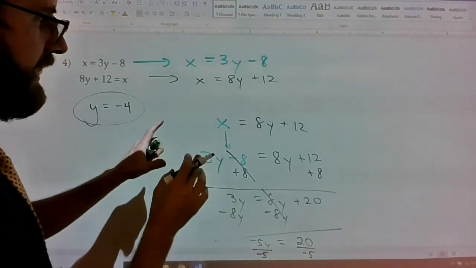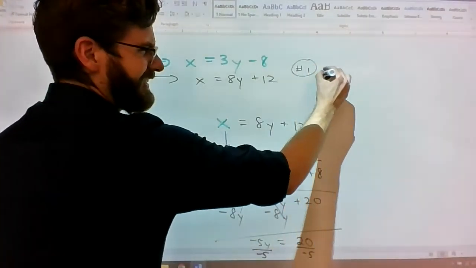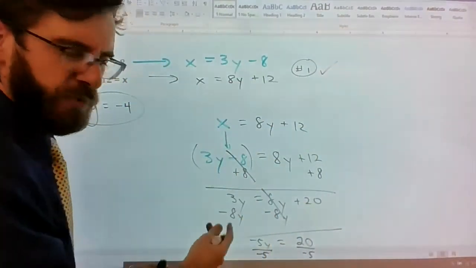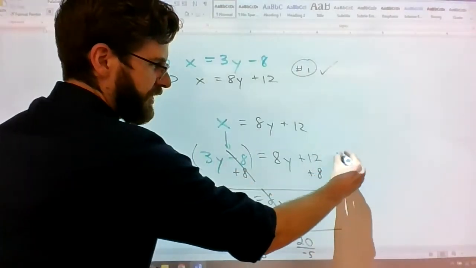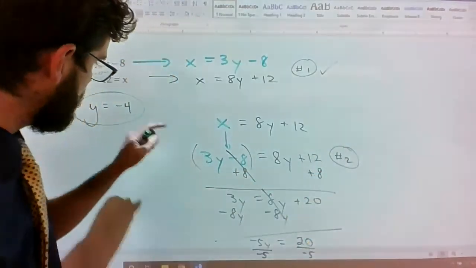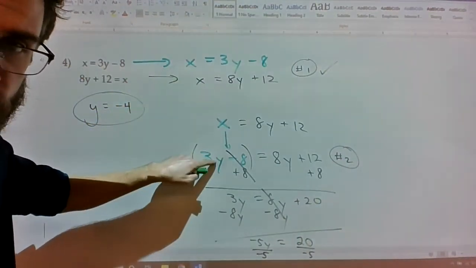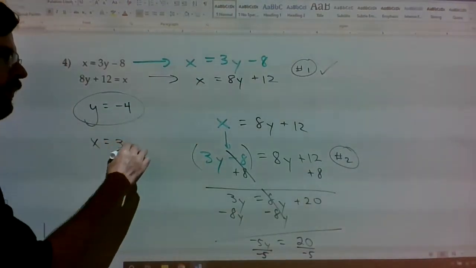So this was kind of like, hey, step 1's already done for us. Kinda, you got variables by themselves. Step 2 happened right here. This was sort of like the parentheses here. So this was all step 2. Step 3 is take the negative 4 and plug it into the original equation that you used here. So I'm going to do x equals 3y minus 8.